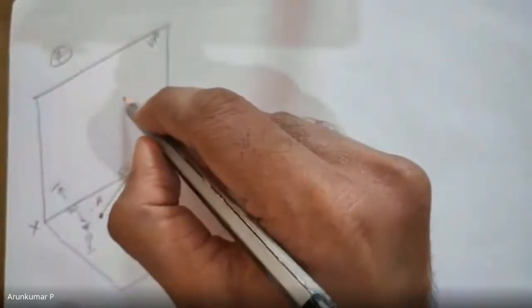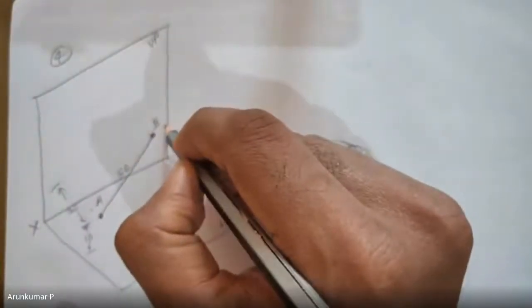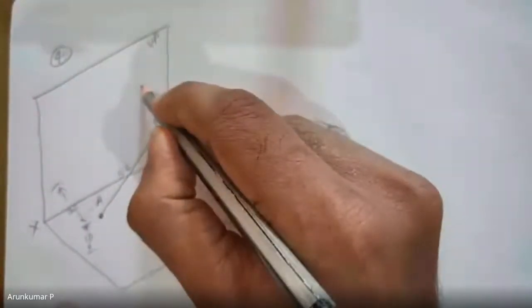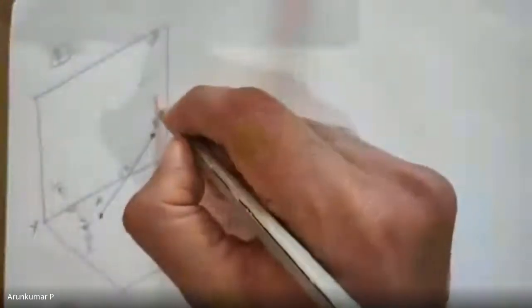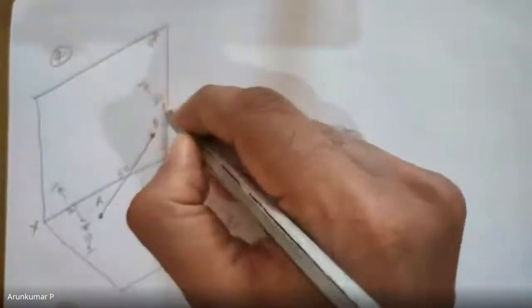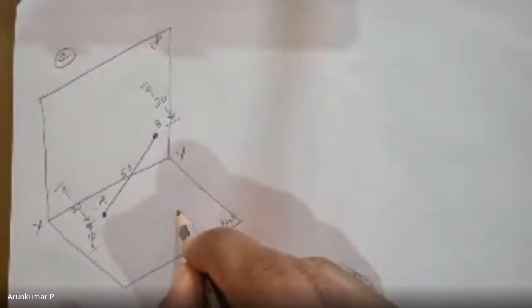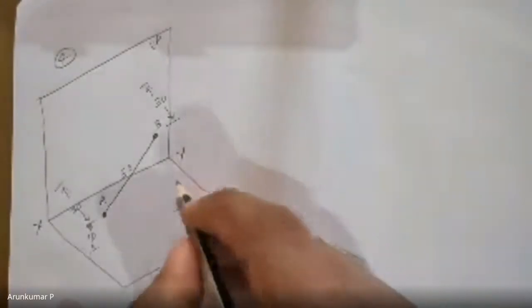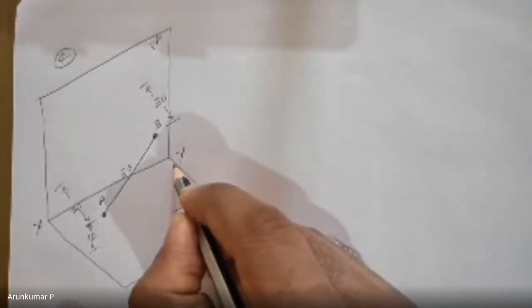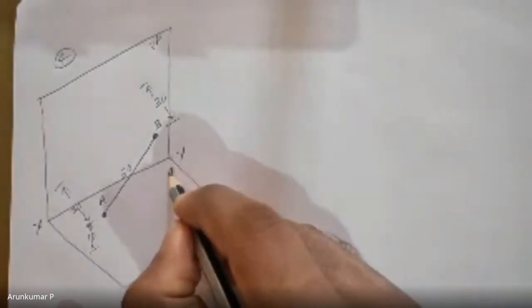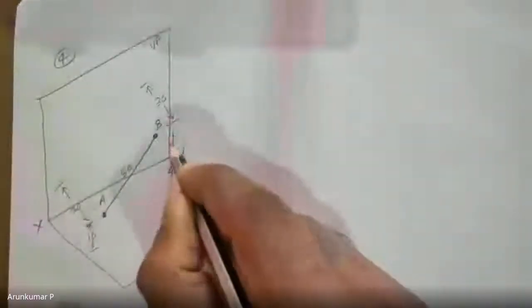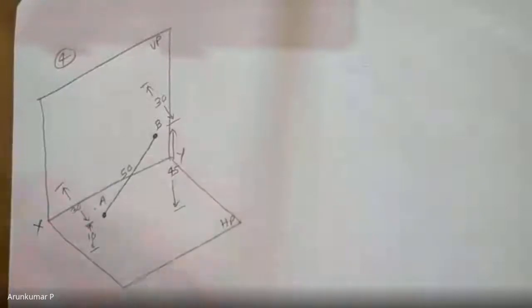End B is also 30 mm in front of VP. However, end B is around 45, yeah, 45 mm above HP.